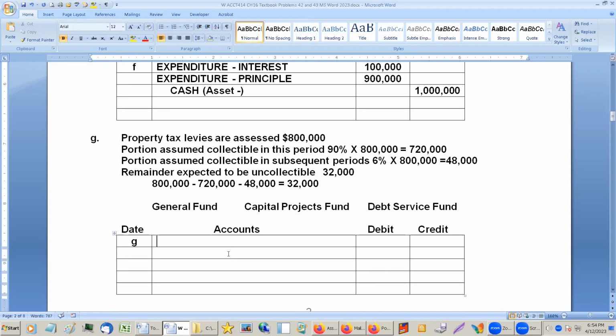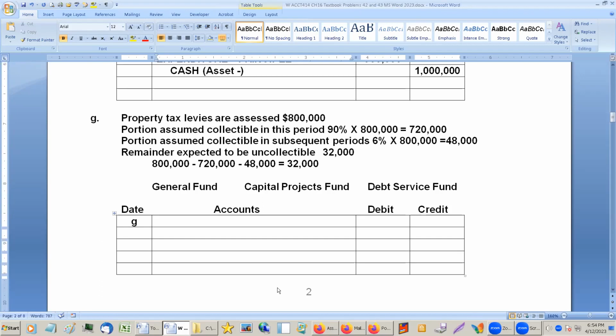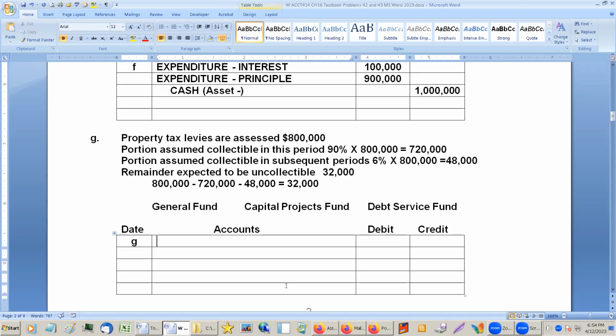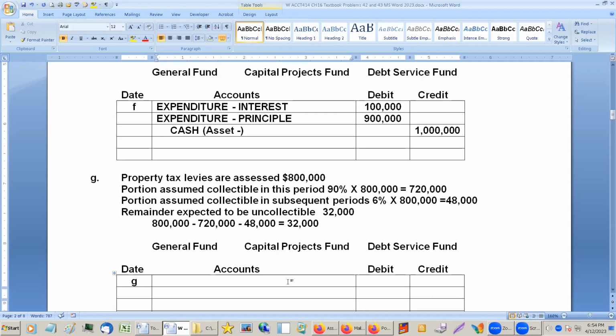Okay, so our journal entry, what would it look like? First of all, I didn't put what this is. This is general fund. And I also didn't put what this one was up here.